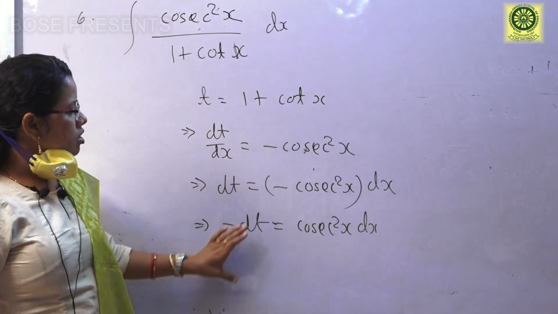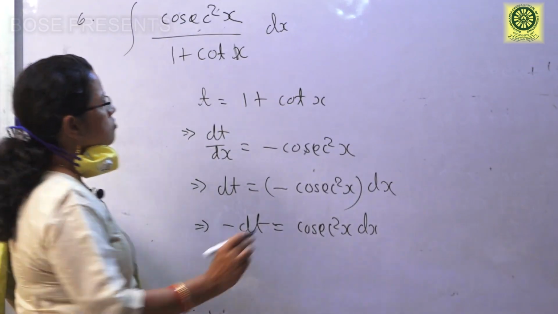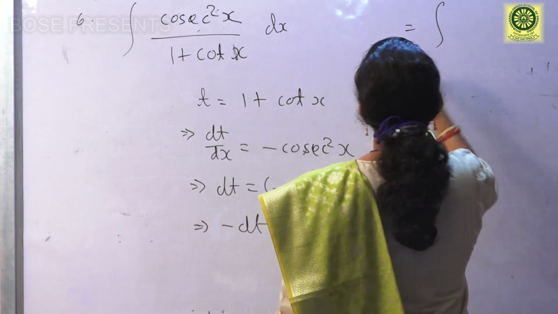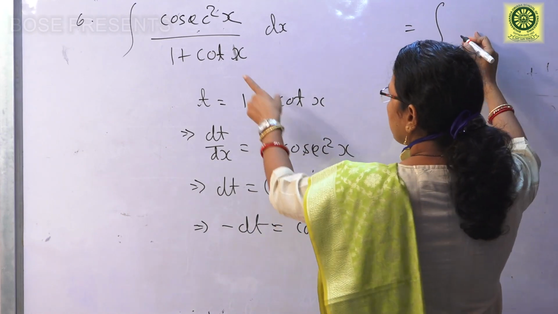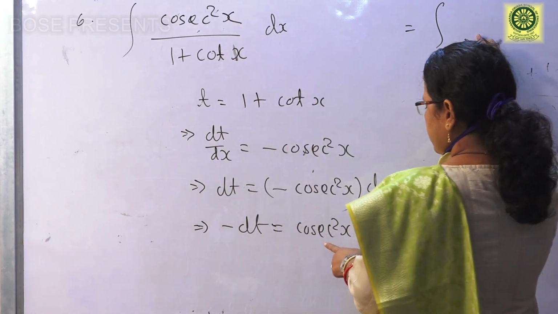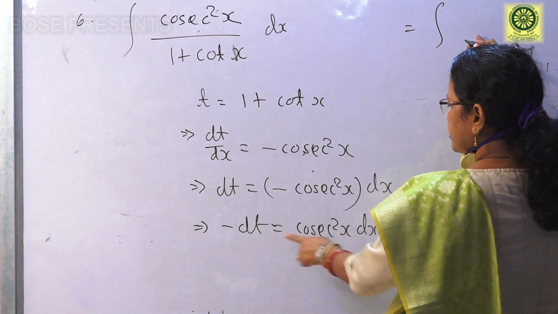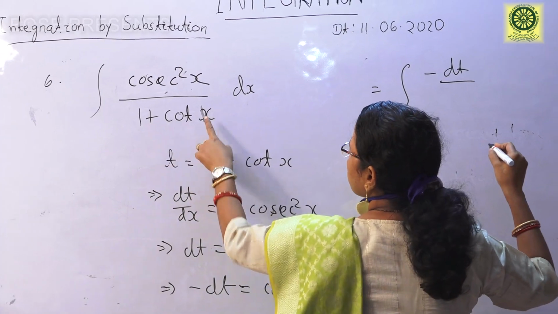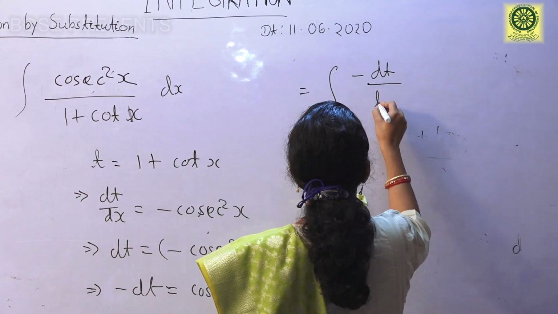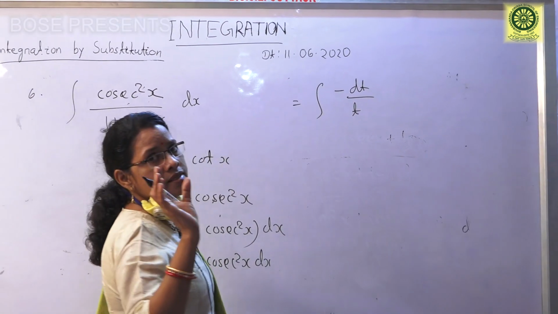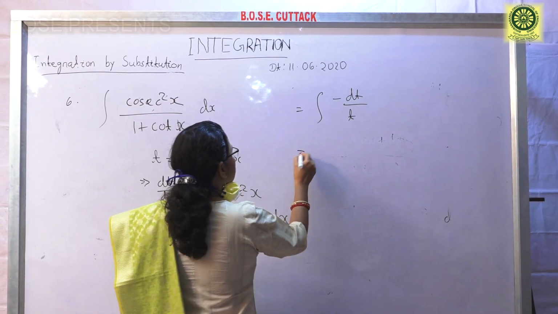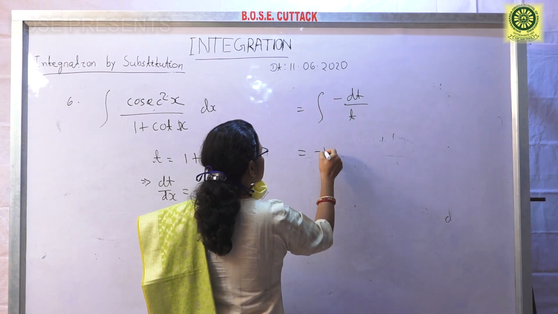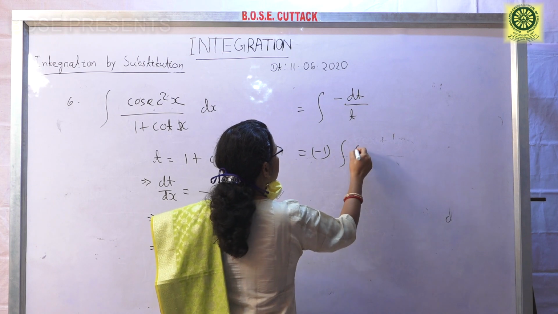Then by using this substitution, our problem is transformed. In place of cosec square x dx, just write minus dt. And in place of 1 plus cot x, just write t. Okay. This is a simple integral. That is, just take minus 1 out of the integral.